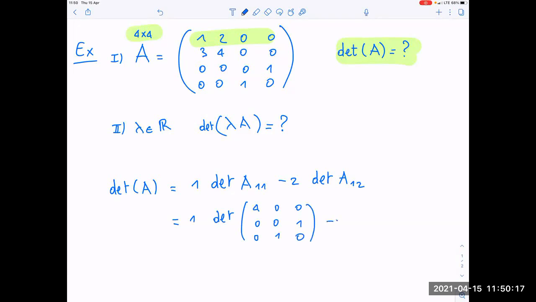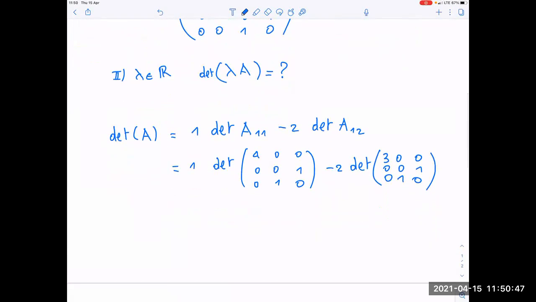And then it is -2 times the determinant of A12, the matrix you obtain by deleting the first row and the second column. So it is 3, then a 0 here, 0 there, 0, 1, 1, 1, 0.